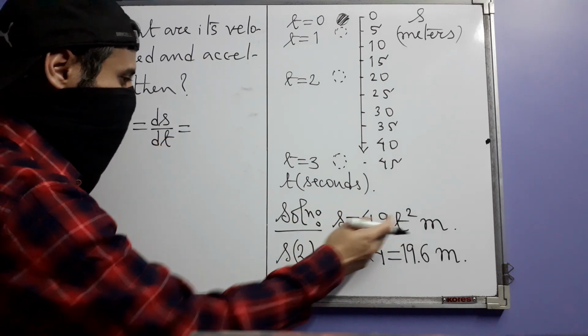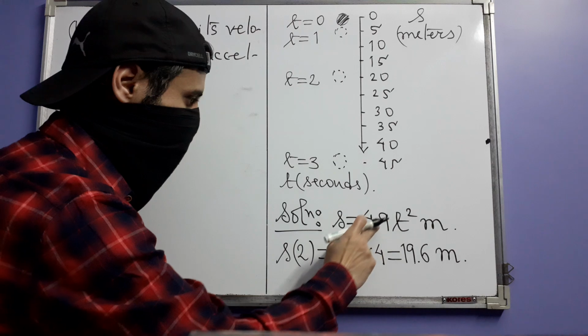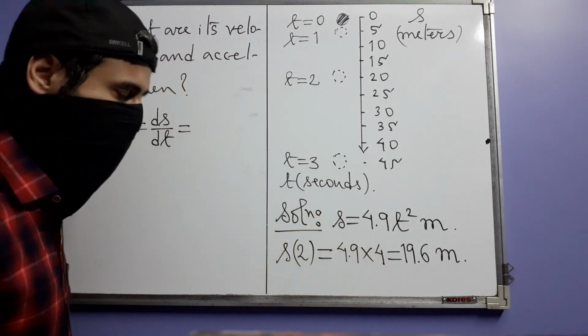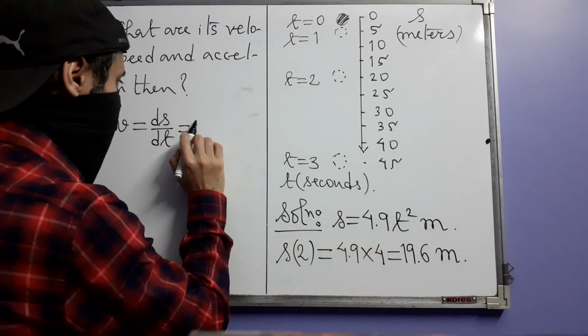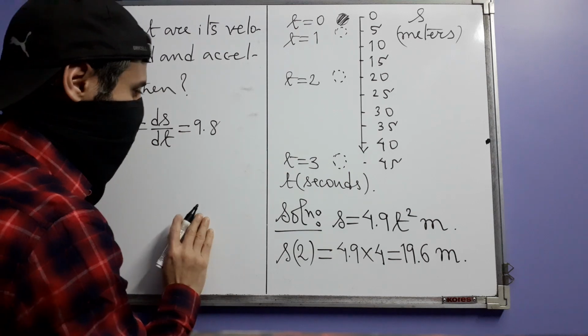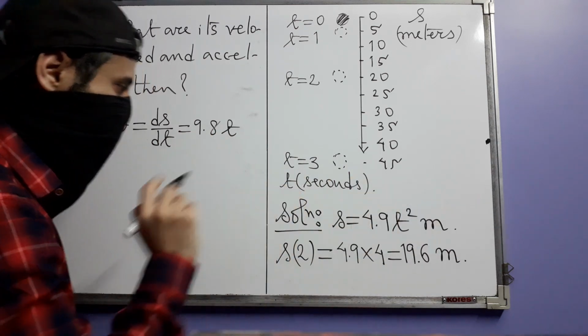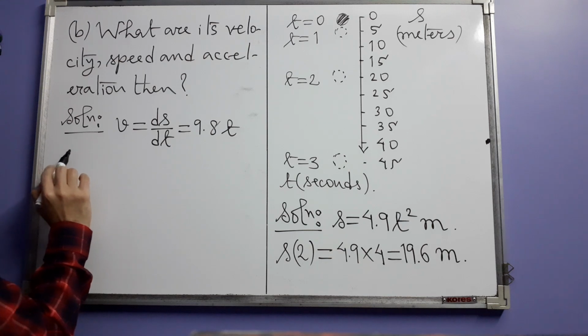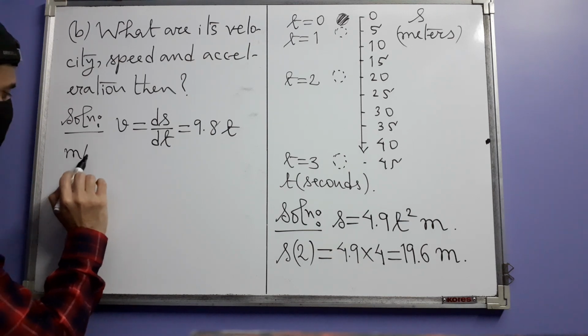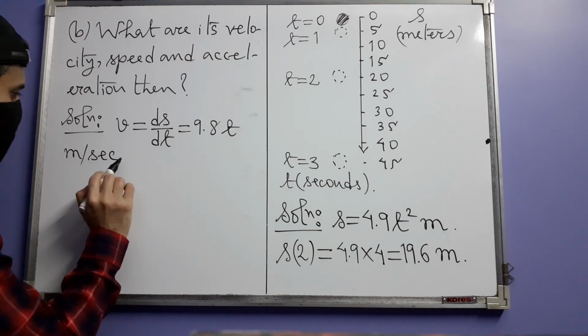So if you differentiate this using power rule, this 2 will come down, will get multiplied with 4.9 and we will have 9.8, and t squared will become t because the exponent gets reduced by 1, and the unit of course is meter per second.